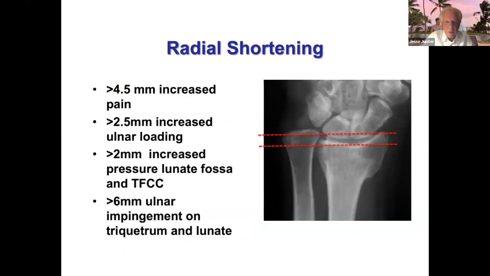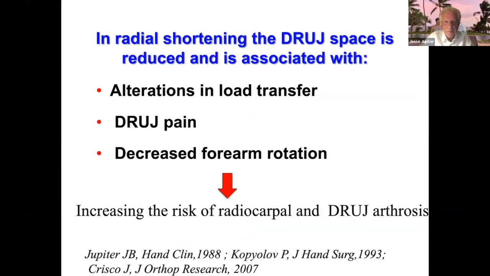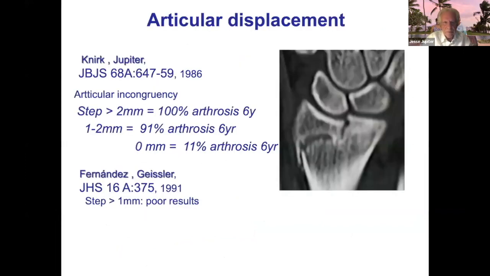And by shortening, it's a relative shortening, you increase the loading on the ulnar side. And this can be a big problem in promoting pain moving from the wrist to the distal radial ulnar joint. Years ago, we suggested that 2 millimeters step up. It was a very bad article, I have to tell you. If you read a subsequent article that we wrote in JBJS about a retraction, a lot of the ways we measured was really in the 1980s.